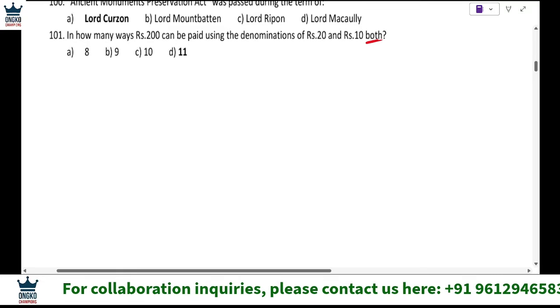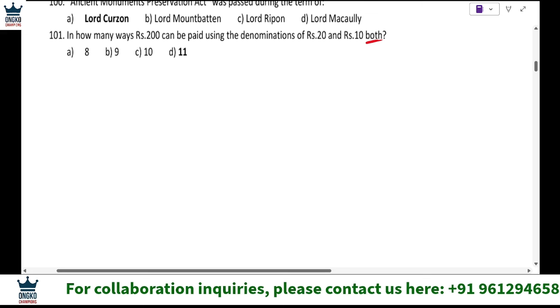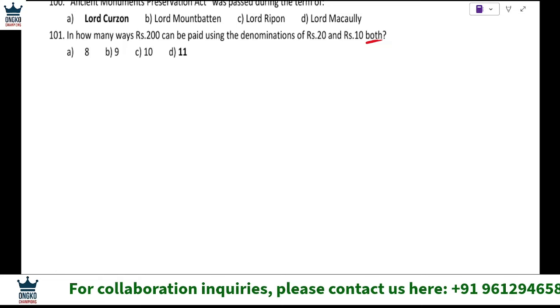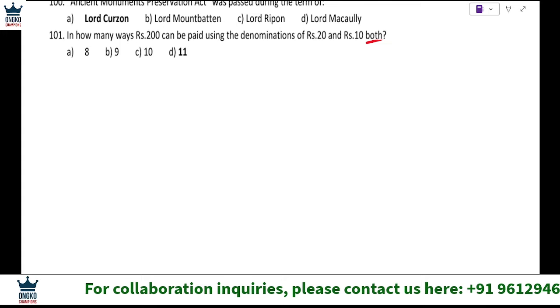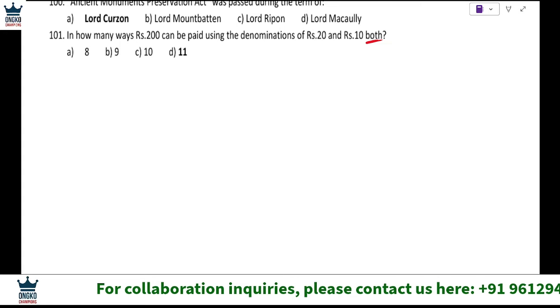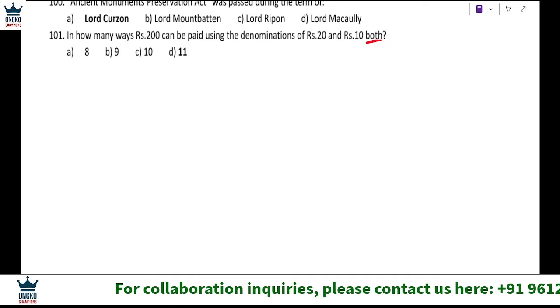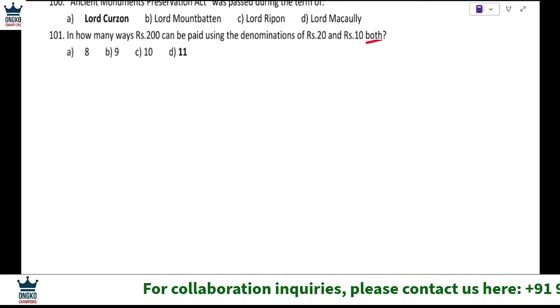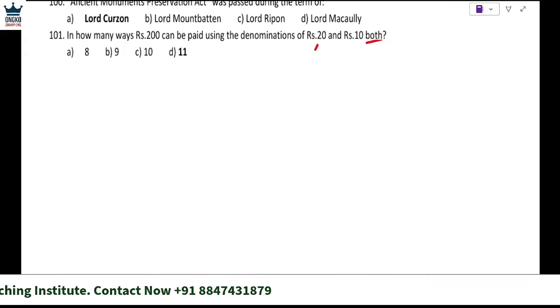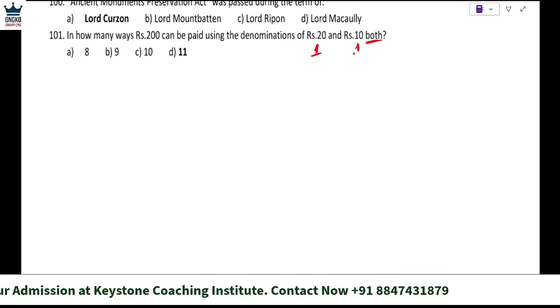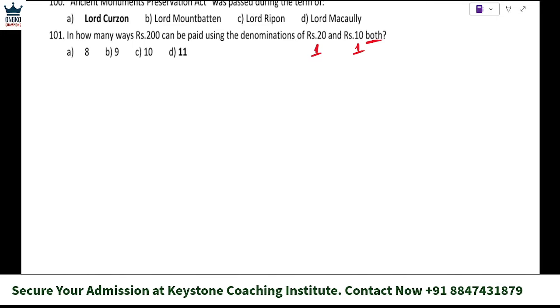So we need both 20 rupees and 10 rupees notes. We cannot use only 20 rupees notes. So from here we come to an understanding that a minimum of one note of 20 rupees and one note of 10 rupees is needed.